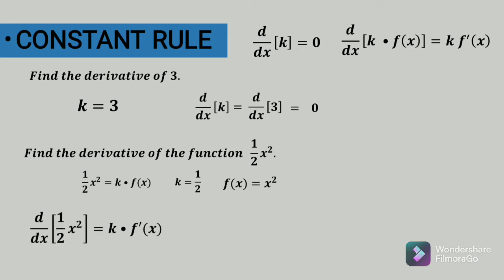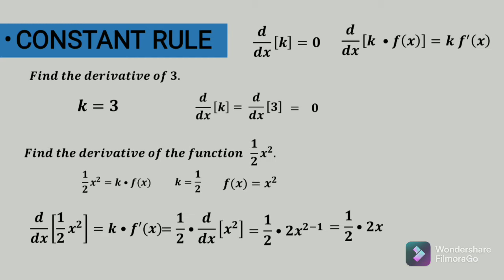The derivative of 1/2 x squared is equal to k times f prime of x. So k is 1/2 and f prime of x is the derivative of x squared. The derivative of x squared is 2 times x to the power of 2 minus 1. Then 2 minus 1 is 1, so x to the power of 1.